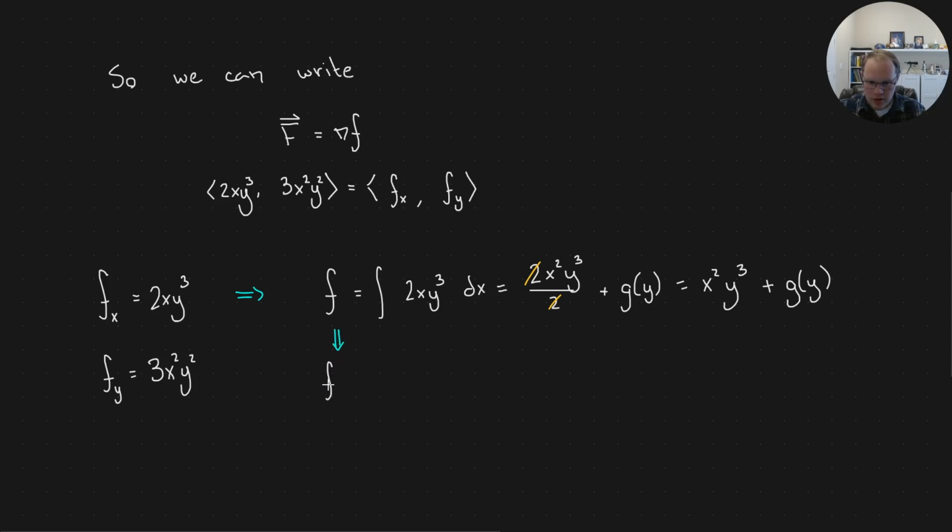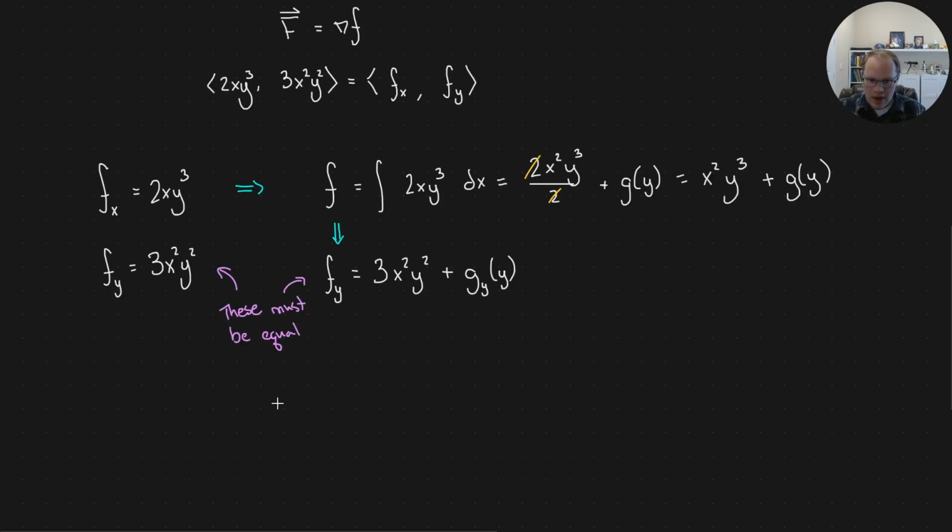So taking the partial derivative here with respect to y, treating x as a constant, I get 3x squared y squared plus the derivative of g of y with respect to y. But that must also be equal to this over here. By equating them, I can figure out what g of y must be.